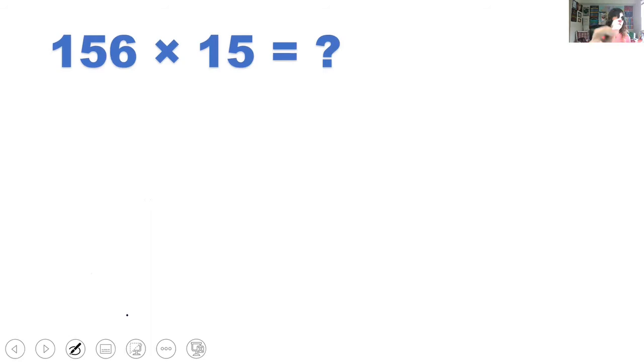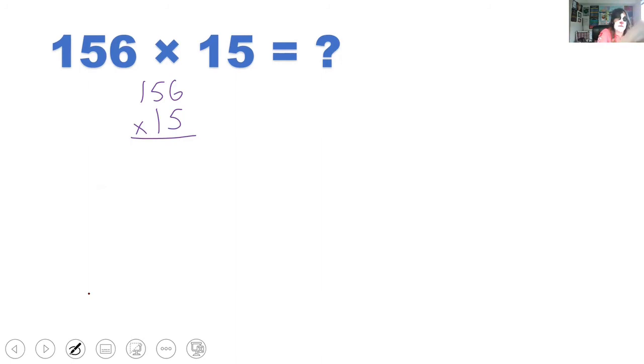Now, let us write this out using partial products, okay? So we have 156 and 15. Okay, that 5 is really a 5, but that 1 is really a 10. Okay, because remember, let's scratch that. Let's start over here, ready?